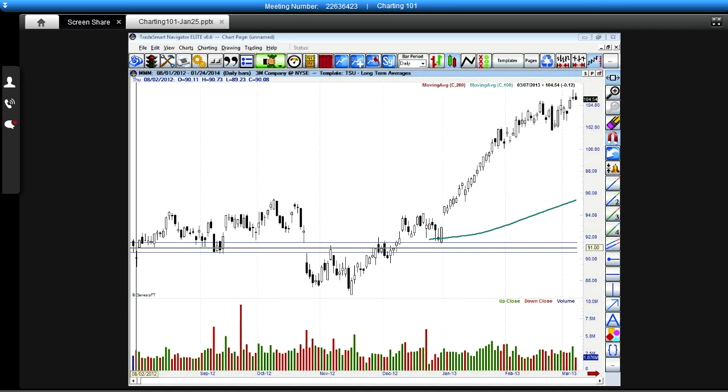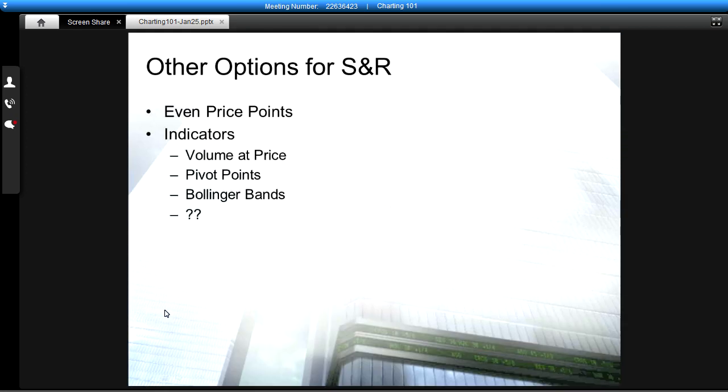Now, other types of support and resistance are even price points. When I say even price points, this is all relative to the price of the stock. So if you've got a $10 stock, an even price point might be an even dollar. So if you're going from $9 to $10, $10 can actually represent a short-term or minor resistance zone.